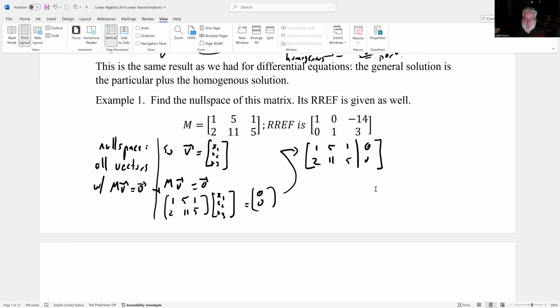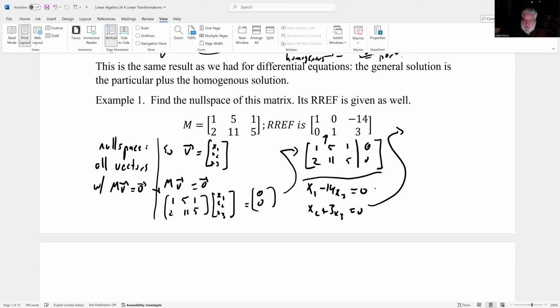And we grind into reduced row echelon form, and we get that. And you can find that easily by looking at a computer. So the equation solution then is x1 minus 14x3 equals 0, x2 plus 3x3 equals 0.